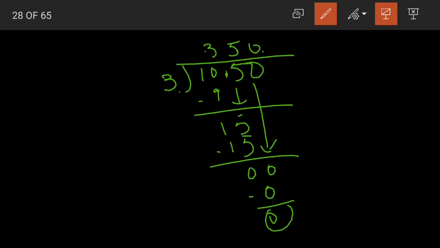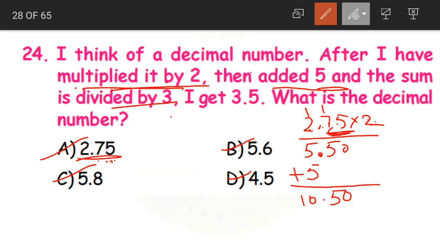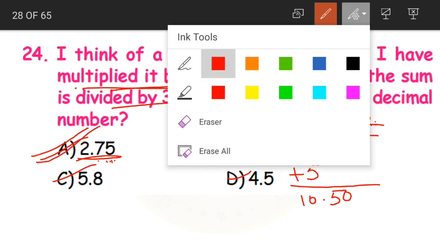But again in the dividend we are having a decimal point after 2 digits from the right. So even in the quotient we'll place a decimal point after 2 digits from the right. Yes, we got 3.5 as our quotient. That is what was mentioned in the question, that we got 3.5. So option A becomes our correct answer.